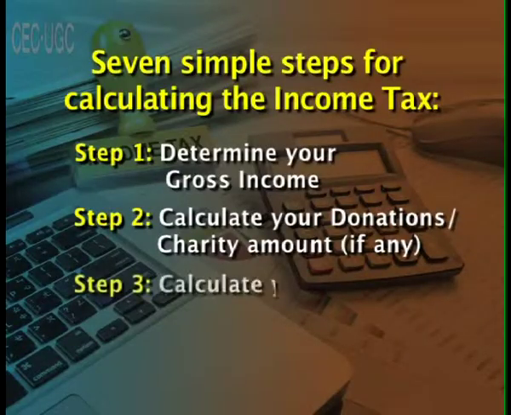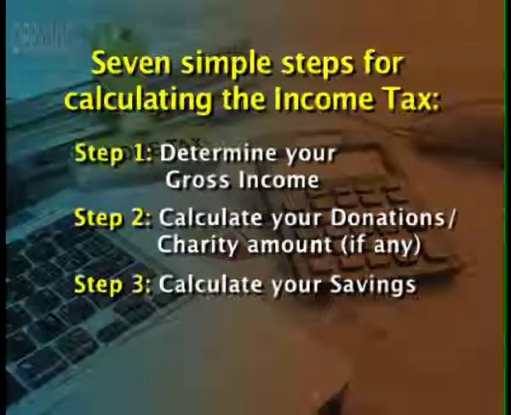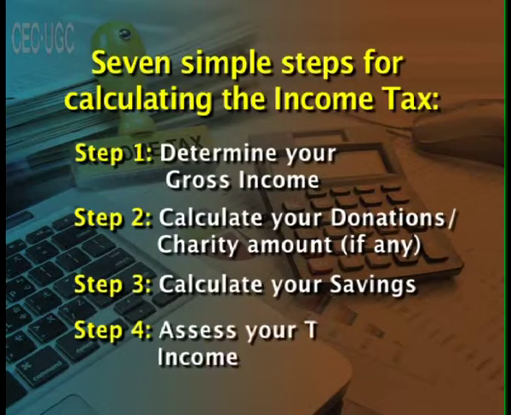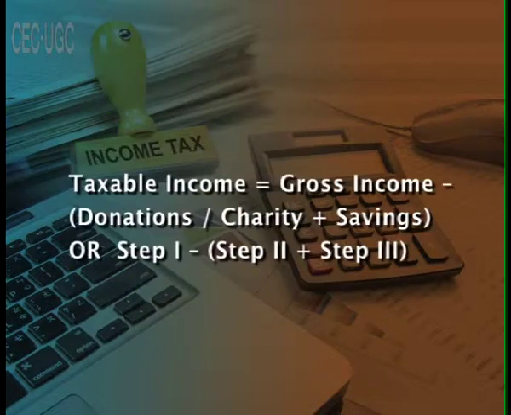The third step is to calculate your savings. It includes all your savings and investments that are listed in the sections under income tax rebate. The fourth step is to assess your taxable income. Taxable income is gross income minus donations and savings.